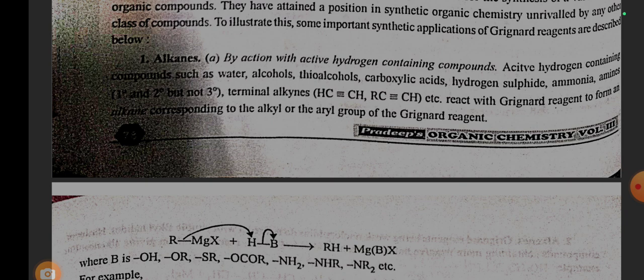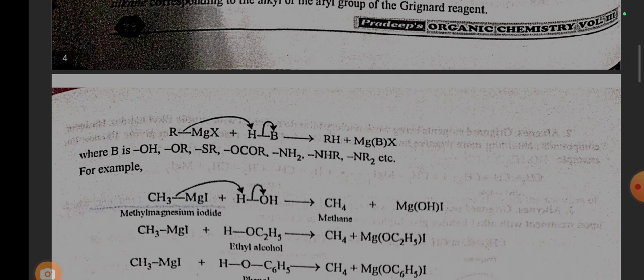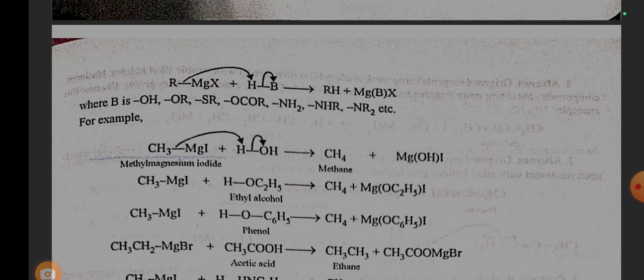A. By action with active hydrogen containing compounds. Active hydrogen containing compounds such as water, alcohol, thioalcohol, carboxylic acid, hydrogen sulfide, ammonia, amines, terminal alkynes, etc. react with Grignard reagent to form an alkane corresponding to the alkyl or the aryl group of the Grignard reagent.